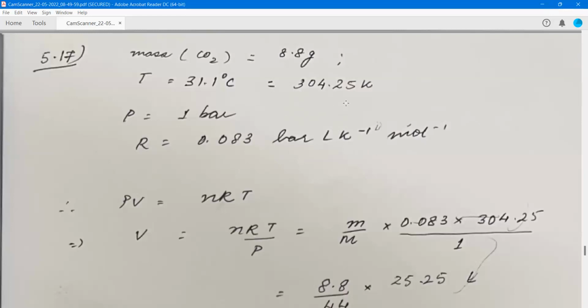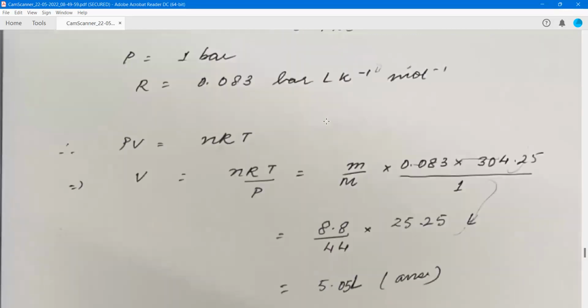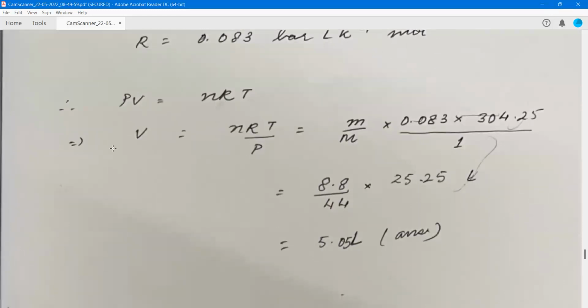For temperature similarly, convert into Kelvin then solve. For volume also, convert into liters and then solve. When you put all of these values into PV equals nRT, the volume that you will get will also be in liters. So when you put all the values in this equation, you will get the answer as 5.05 liters.